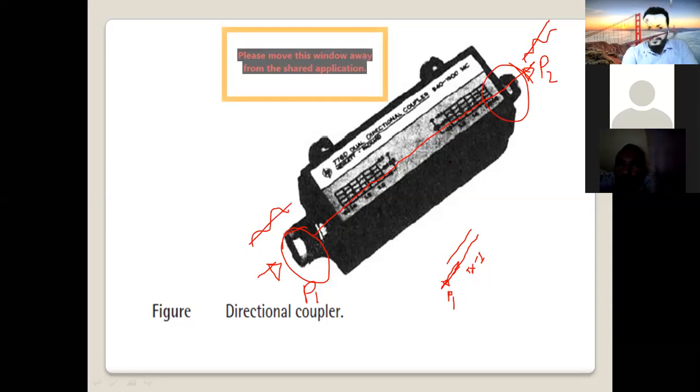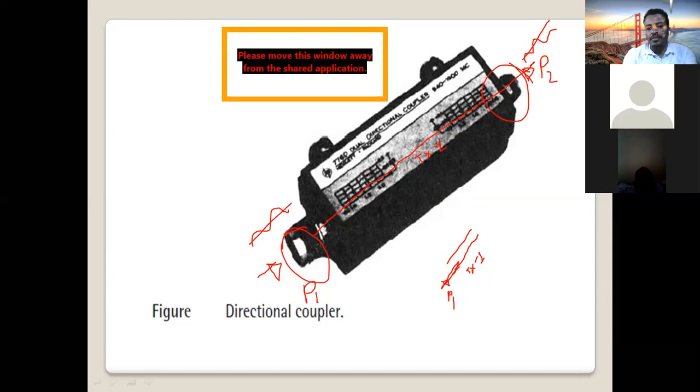But here, very close to this cable, transmission line TX1, there is another cable very close to it, which is TX2.